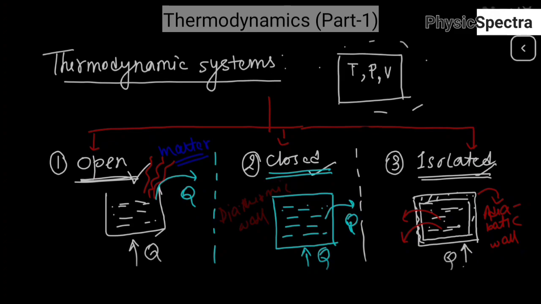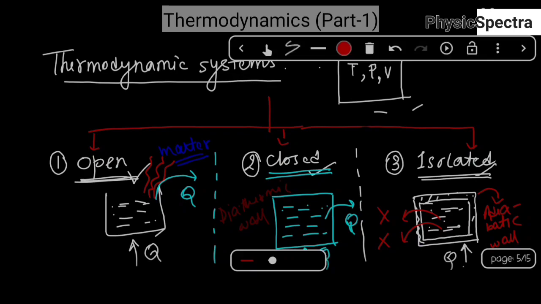That is, there is no exchange of heat or matter outside the system. So you see, in an isolated system, it is completely isolated. There is no transfer of anything to the surrounding. So I think it is clear to all of you.